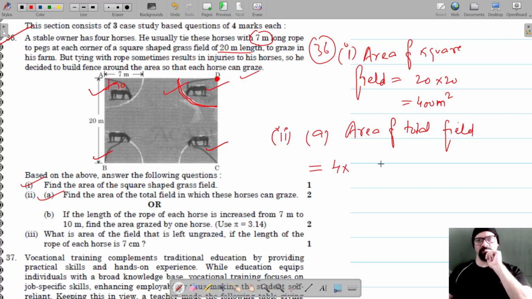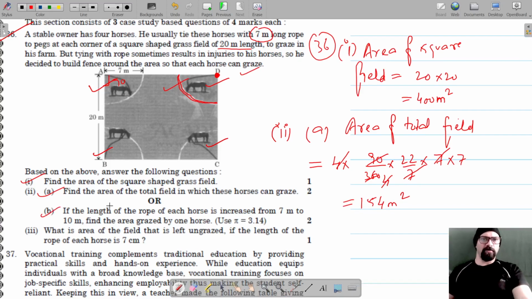There are 4 sectors, and area of each sector is theta, which is 90 by 360 into 22 by 7, and radius is 7. So 7 into 7, 4 gets cancelled, and this is equal to 154 meter square.